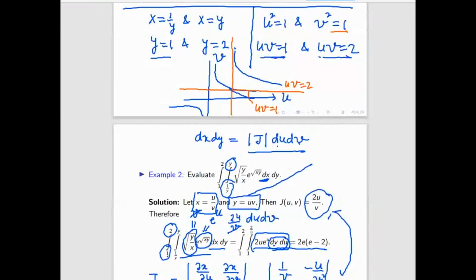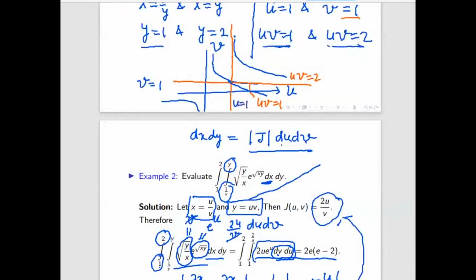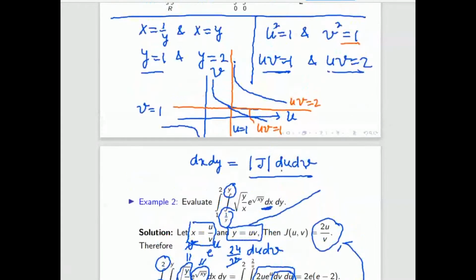So this one is uv equal to 1, this line is v equal to 1 and this line is u equal to 1. Minus 1 will also come, that will go opposite side.